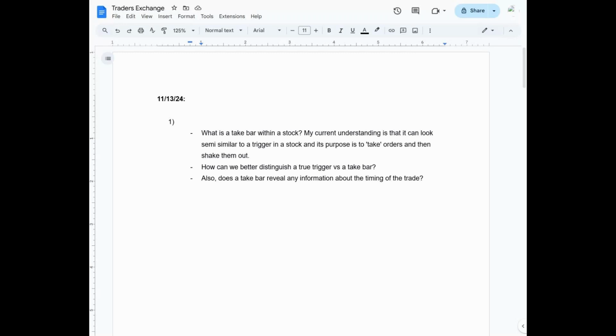That is them saying, I want to buy up all the shares between 2 points. So it could be between X value and Y value. For instance, if we were looking at BTCS above 4 not too long ago, that is a take bar. They came in, as you saw in the room, and they bought all the shares up to a certain point. A take bar is nothing like a trigger.